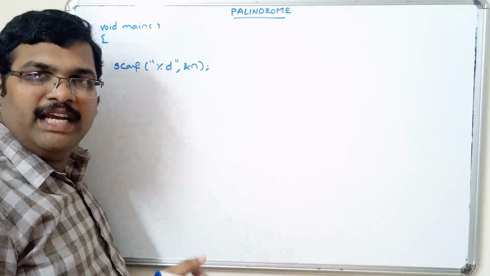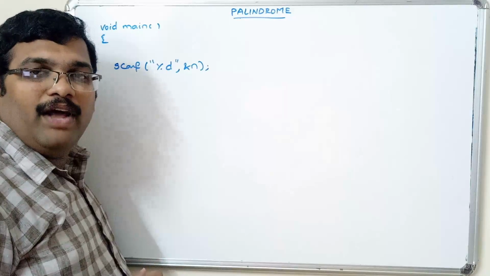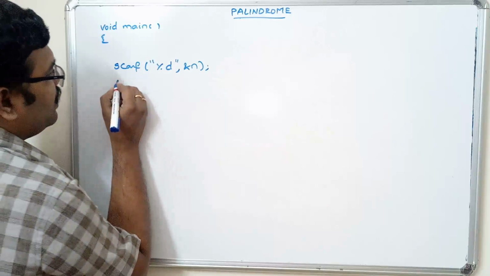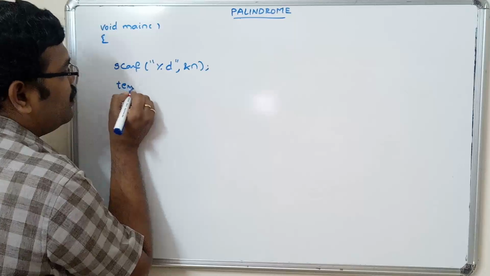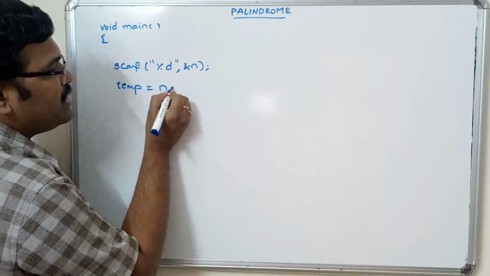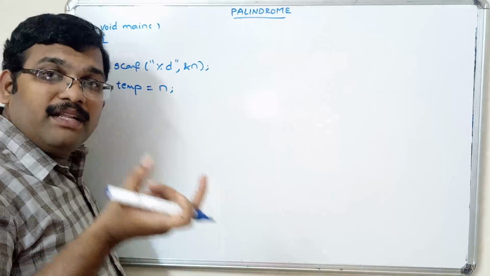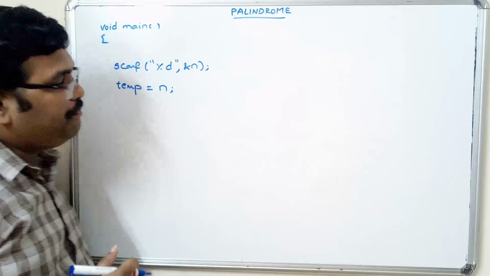So n value will be changed, and finally we have to compare with the input value. So for that purpose, I will assign some temporary variable, and n value will be assigned to the temporary variable. Now finally we can compare the result with the temporary value.